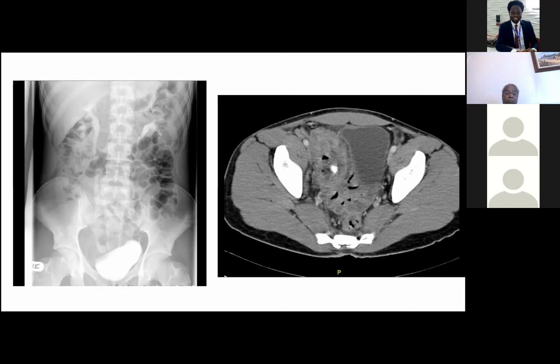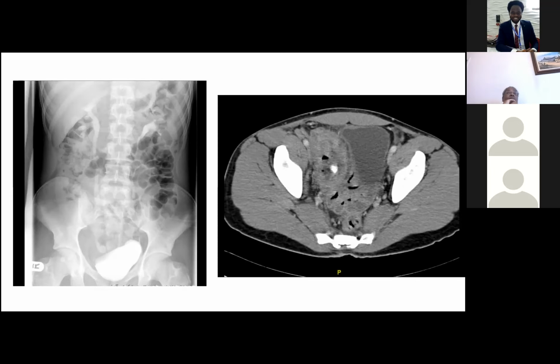At the center of that mass, you can see a little bright, dense focus, and that corresponds to the opacity we're seeing on the X-ray. The other thing you can see is that there are some very dark areas around this opacity, which correspond to bubbles of gas, and there's a mass lesion.